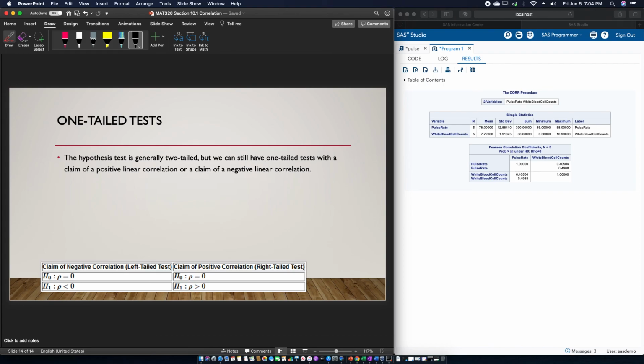But we could still have a one-tailed test with a claim of a positive linear correlation or a claim of a negative linear correlation, meaning that the alternative for the positive would be that the correlation coefficient is greater than 0, or the alternative would be that the correlation coefficient is less than 0, which again is summed up inside of this table down here.